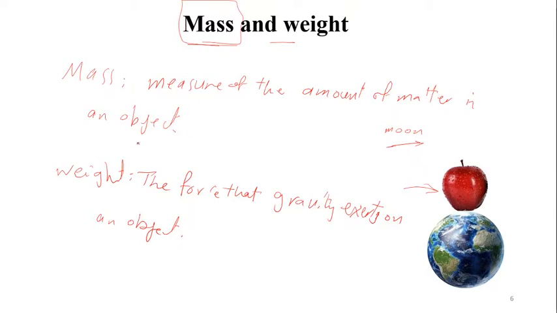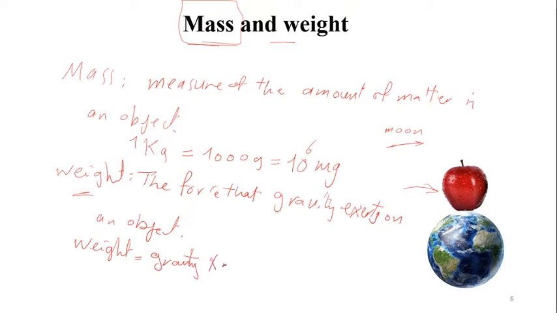The unit of mass is the kilogram, and 1 kilogram is equal to 1000 grams, which is equal to 10 to the power 6 milligrams, while the weight is equal to the gravity multiplied by the mass of the object.